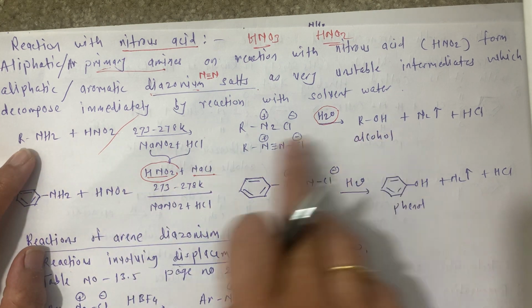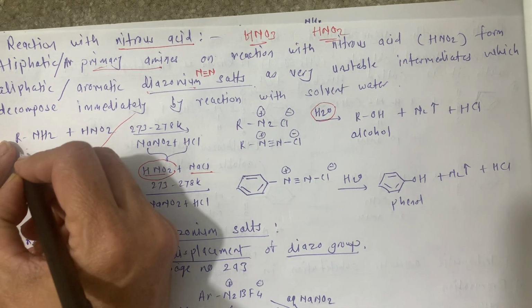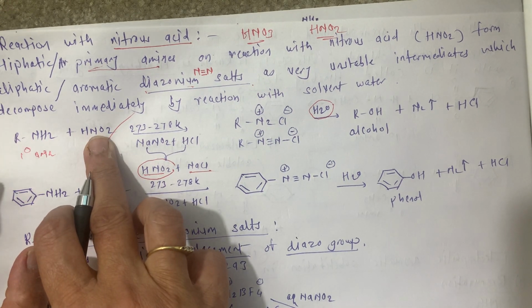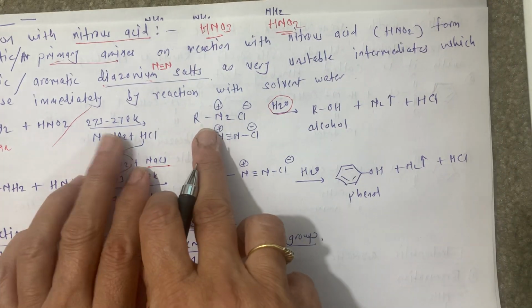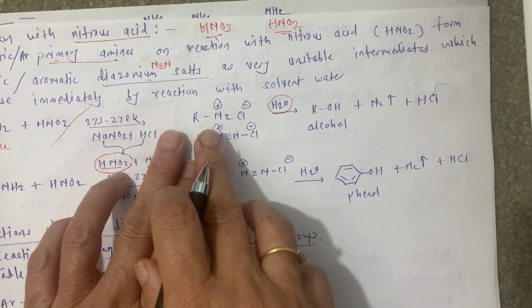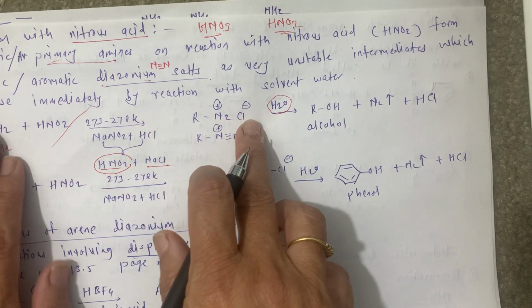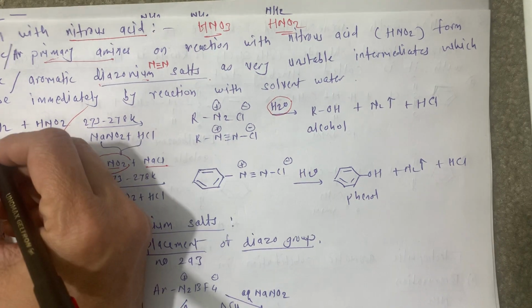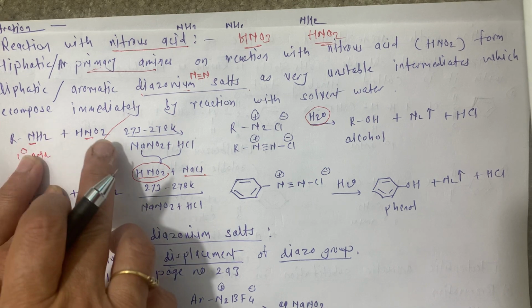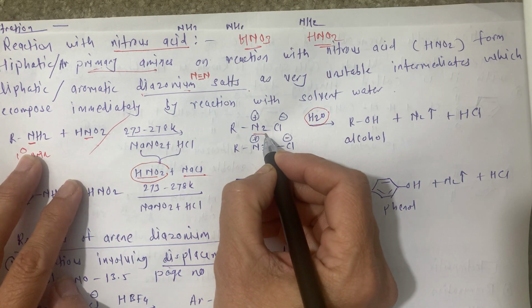Remember this. So this primary amine reacts with nitrous acid, and the temperature required is 273 to 278 Kelvin. Here it is the formation of RN2Cl. One N is from here, and one N is already there in the amine. This N, this N, so this is N2.